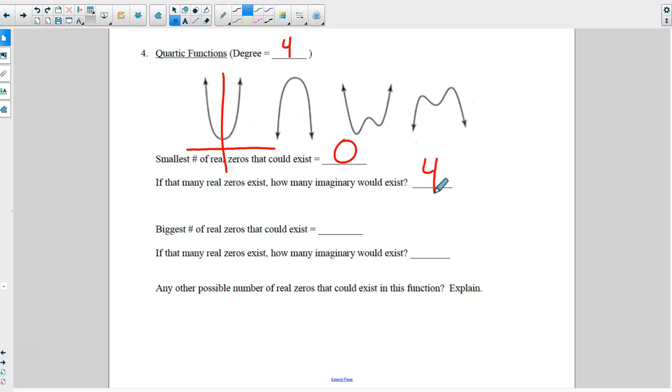Now the biggest number, well, I could look at this one over here, and I could cross 1, 2, 3, 4 times. If that happens, then I would have how many imaginaries? 0, because again, these always add up to 4. Is there any other possibilities?